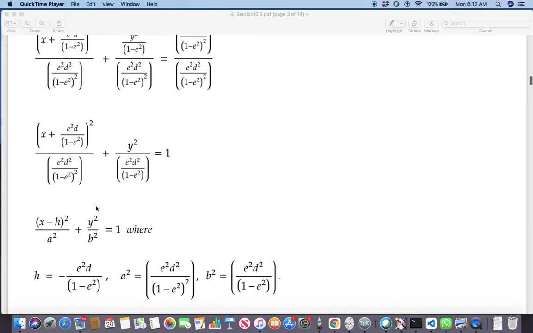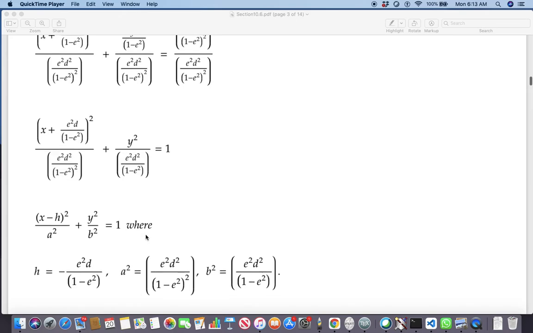So this is an ellipse. So what is the story? h is the negative of this quantity. All of this is a squared, and all of this is b squared. So you can see this is a shifted ellipse.